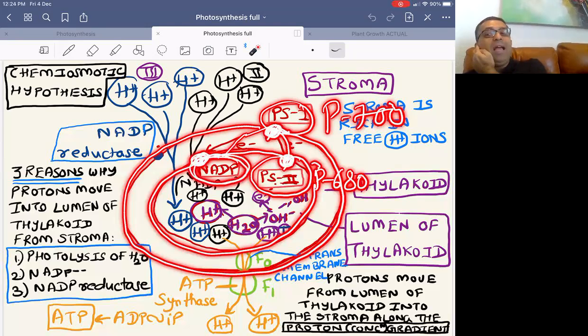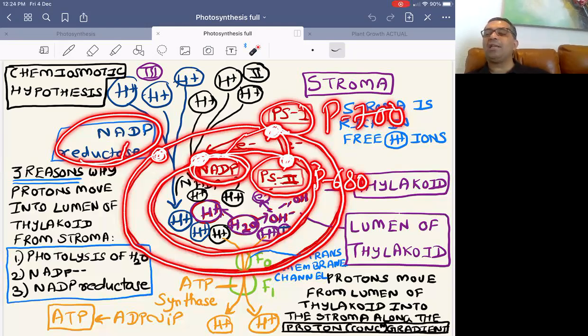And NADP gets reduced to become NADPH2. NADP gets reduced to form NADPH2 with the help of an enzyme called NADP reductase. Do we remember in case of respiration, we had a similar enzyme called NAD reductase. यहाँ पर है NADP reductase.